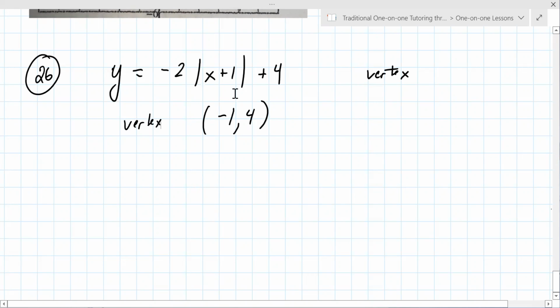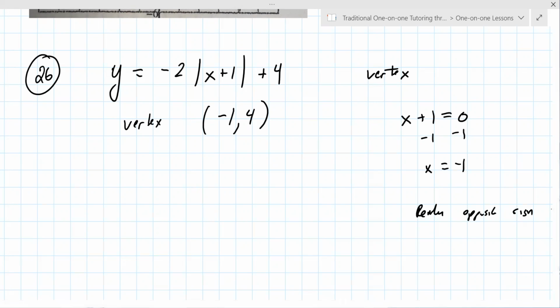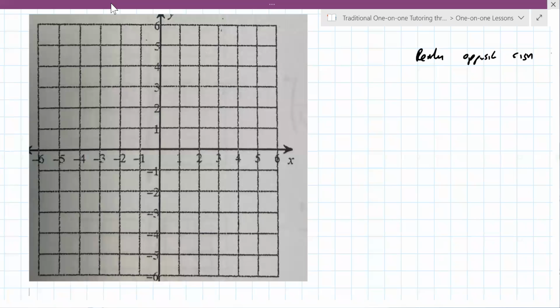Oh, I said it wrong, whoops. So what you have to do is find something that you feel like, hey, I can do, or remember that it's always the opposite sign. There's pros and cons of each. I wish I could say this always works and is the best way, but it depends on you, the student. So we put that point there at -1, 4.